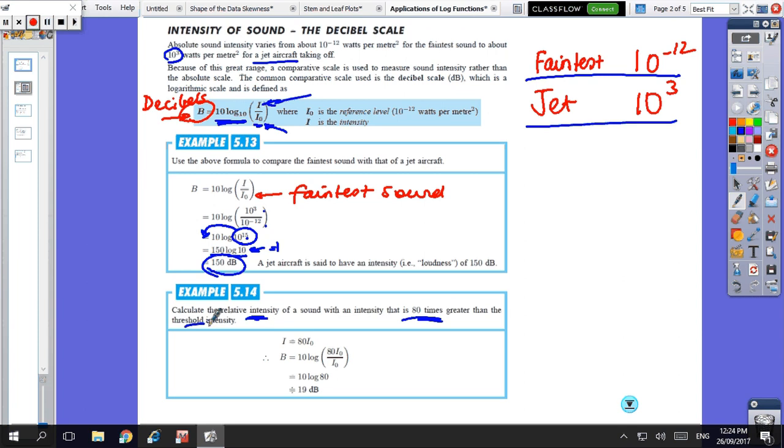So we've got a sound that is 80 times the basic level, so we put 80 times the intensity on top of the basic intensity, and then these two numbers cancel out, and then on your calculator we get log of 80 and we get 1.9, because if it was 2 that would be 100, so log of 100 is 2, so log of 80 is 1.9, and then 10 times 1.9 is 19, so the relative intensity is 19 decibels. Okay, copy that and come across.